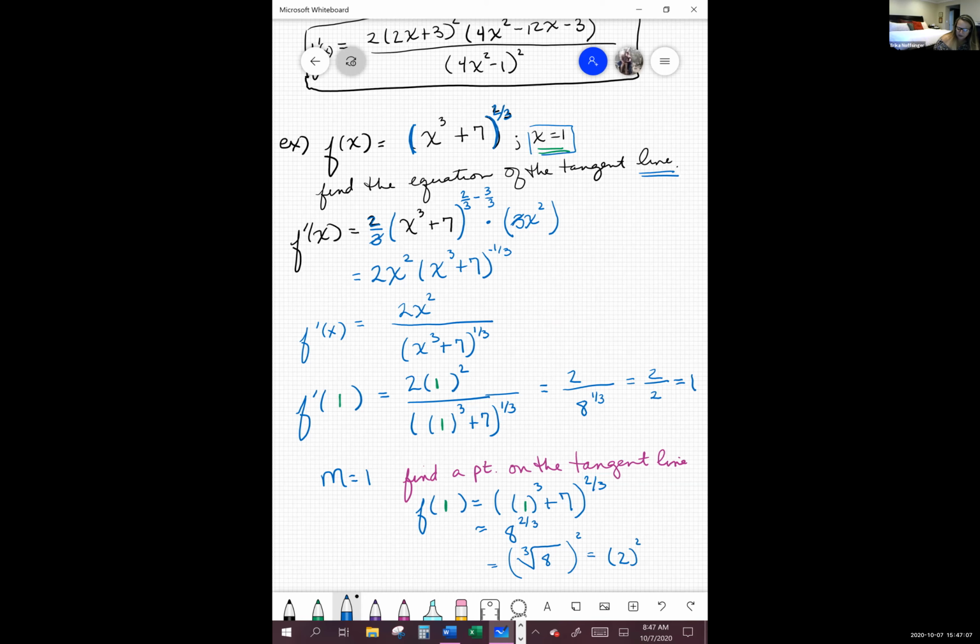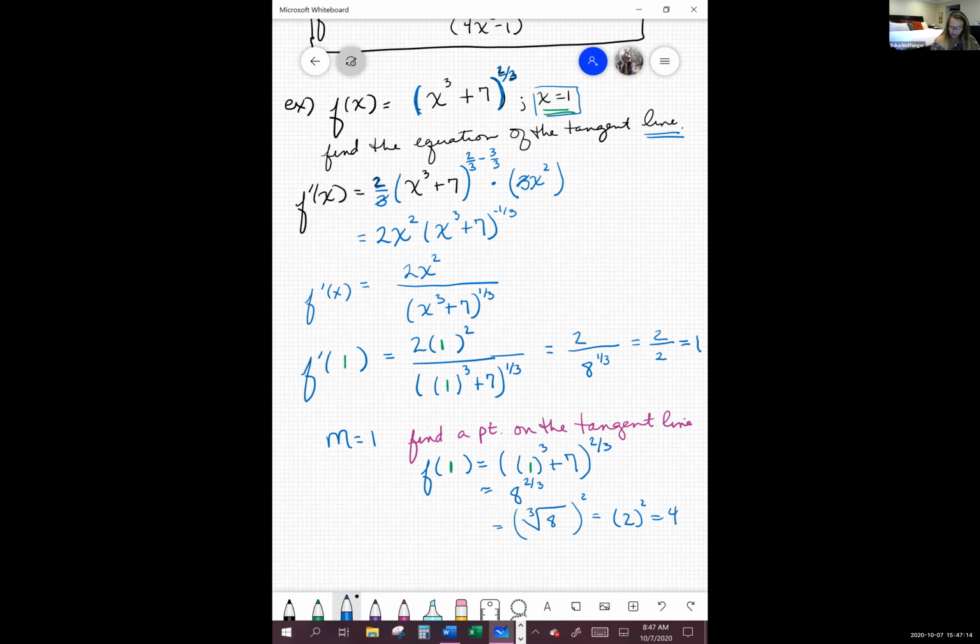And then that squared, so 2 squared is 4. So we have our slope, and now we have a point. When x is 1, our y value we found was 4.